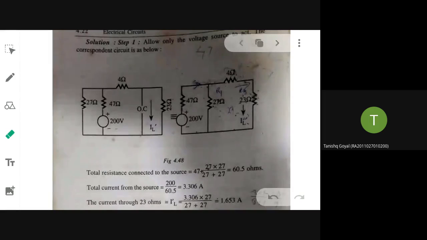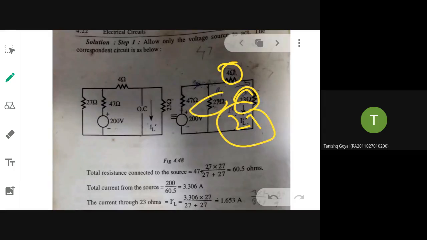First thing is you need to find out the total resistance. So how will you find out the total resistance? These 4 ohm and 23 ohm, how are they connected? Series. So if you are summing, the equivalent resistance will be 27. The 27 and 27, how is it being connected? Parallel.